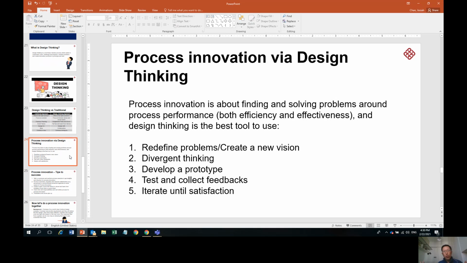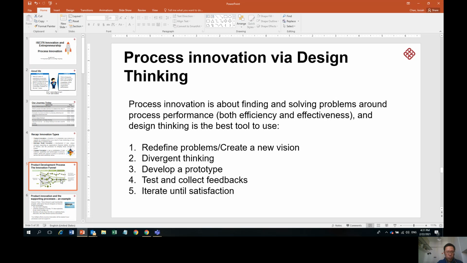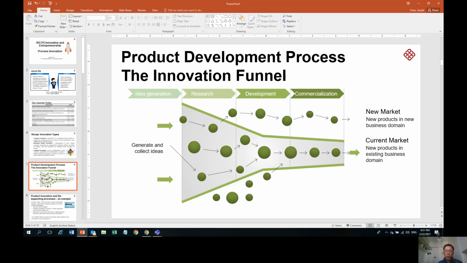The second step is divergent thinking. If you go back to the innovation funnel we talked about in part one, it is very similar to this case. Divergence is similar to the idea generation stage. Divergence means you're open to all ideas.